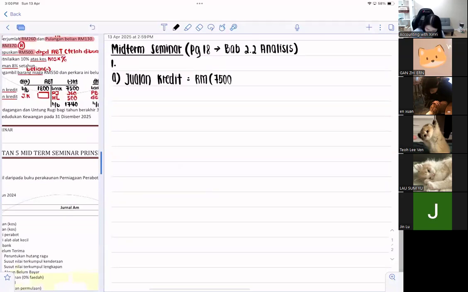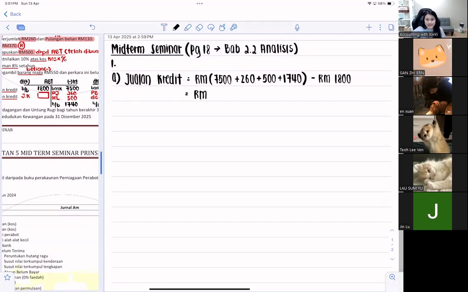7,500 plus 260 plus 500 plus 1,740. So you are now trying to combine all the credit side first, okay, to balance. So you credit total already, then you can minus off the debit side's Baki BB to find your jualan credit.